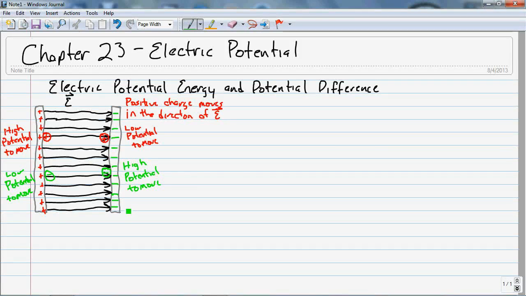So a negative charge moves against the electric field.